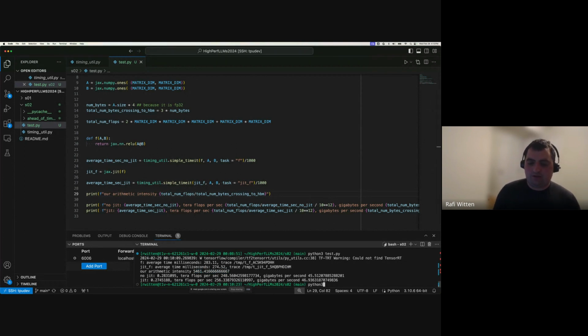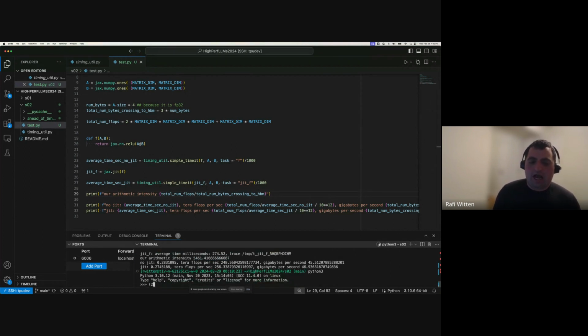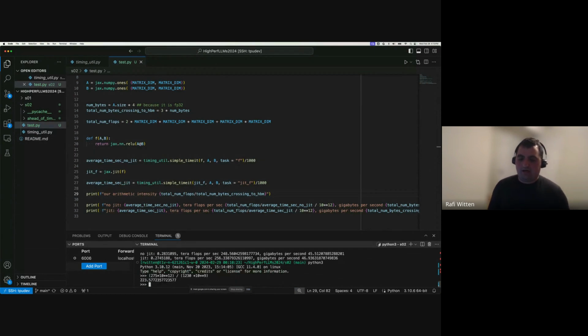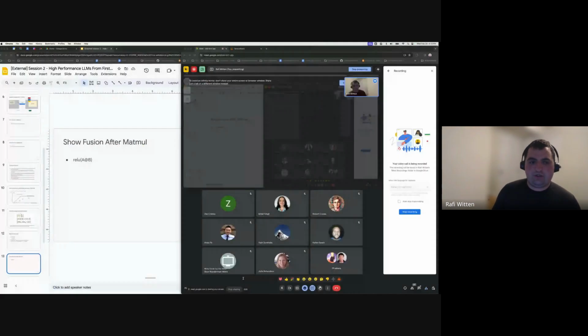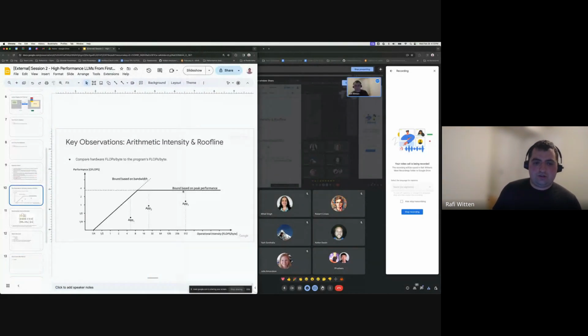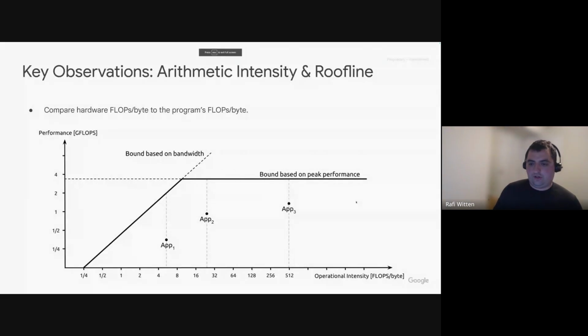Comparing that, our hardware can do 275 times 10 to the 12 flops, and it can do 1,230 times 10 to the 9 bytes. So our hardware has an arithmetic intensity of about 223. This workload has an arithmetic intensity of approximately 5,200. That means when we look at this chart, we're really far out over here, and therefore we're bounded by peak performance.